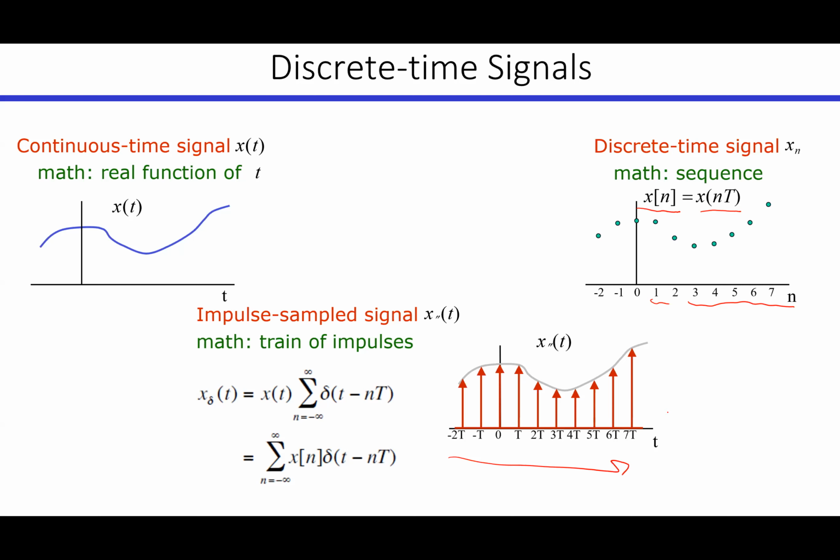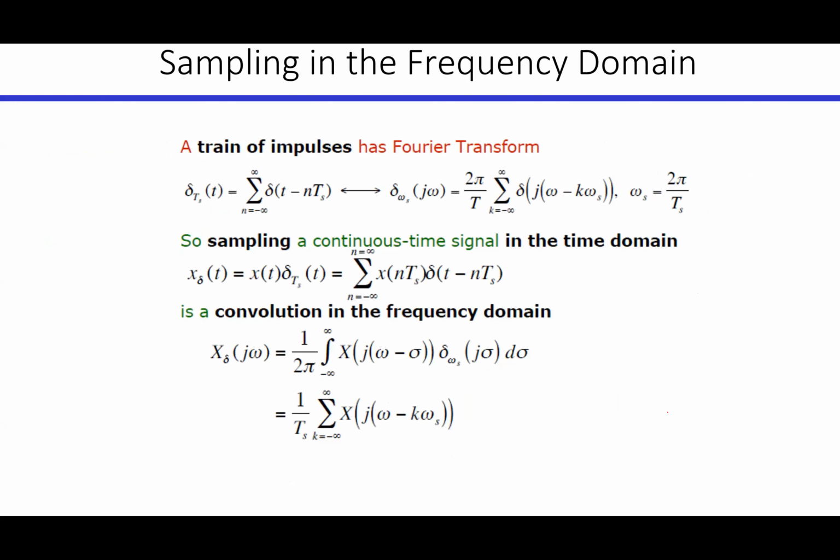If we look at it in the frequency domain, as you remember, a multiplication in the time domain converts into a convolution in the frequency domain. So after we convolve the frequency response of our original signal with the frequency response of the train of pulses, we end up with this relation.